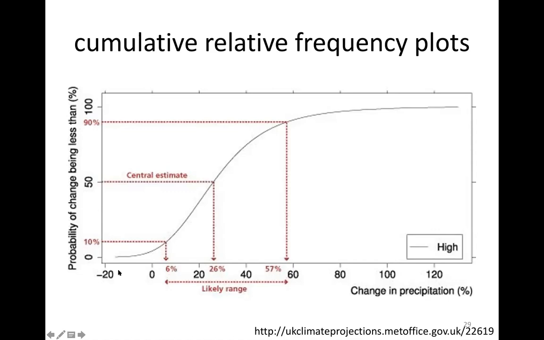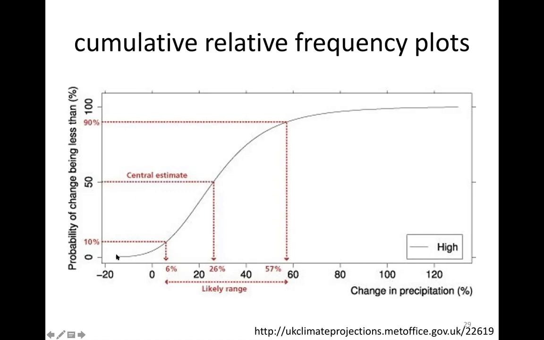And on the x-axis, we have the variable itself, which is a change in precipitation. So this has been measured. Apparently, it has values going from about -20 to more than 120. Some kind of change observed somewhere, and apparently it can have positive or negative values.